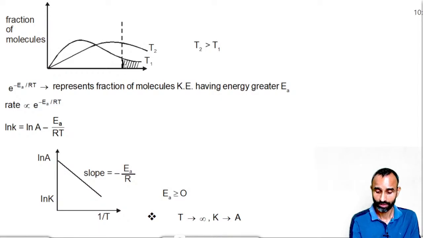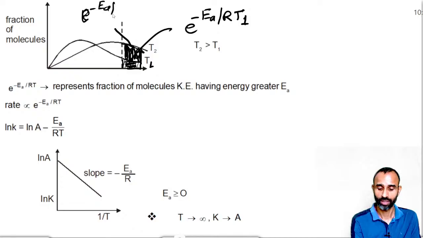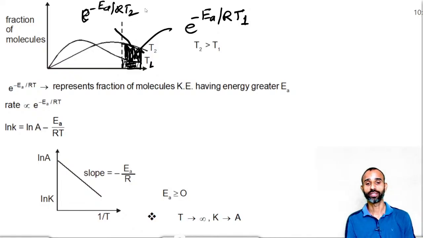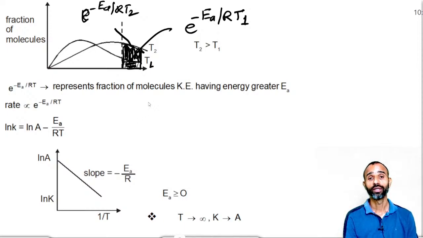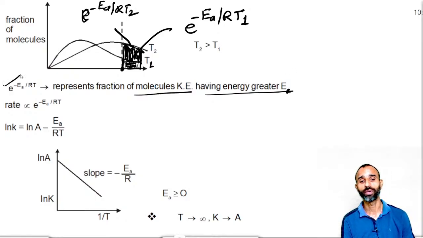This part is e raised to power minus Ea by RT, and we take into account the whole: e raised to power minus Ea by RT is the fraction of the molecules having kinetic energy equal to or greater than Ea.